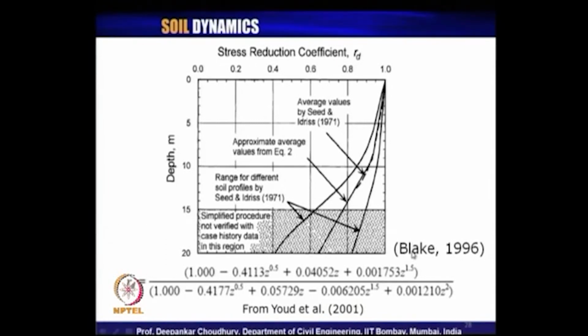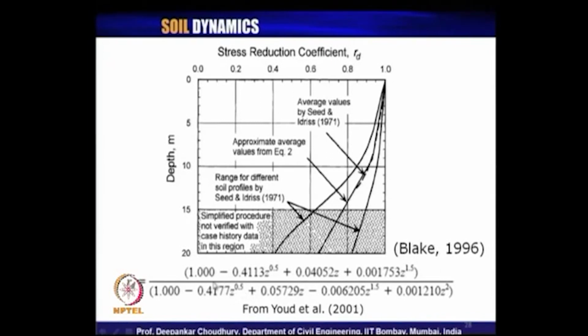They proposed to take the expression given by Blake in 1996. What Blake 1996 proposed? r_d, that stress reduction coefficient, can be calculated by using this expression, where z is depth below the ground surface in meter unit, and their values are given by this. This is the average value of Seed and Idriss 1971 we have seen, and these are the two extreme ranges obtained by Seed and Idriss for various soil.